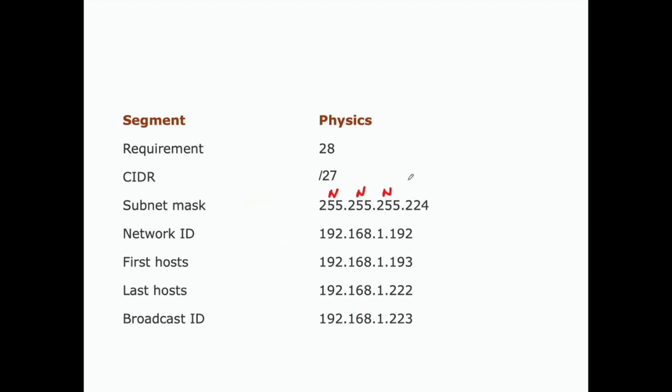So in total 27 bits are representing the network part. So the subnet mask is 255.255.255.128 plus 64 plus 32, since these 3 bits are borrowed, dot 224. And the first address is 1.193 and goes up to 222, and 223 is the broadcast ID.